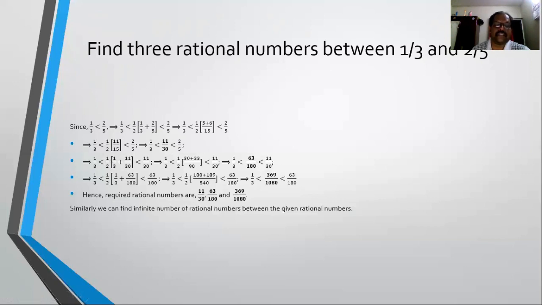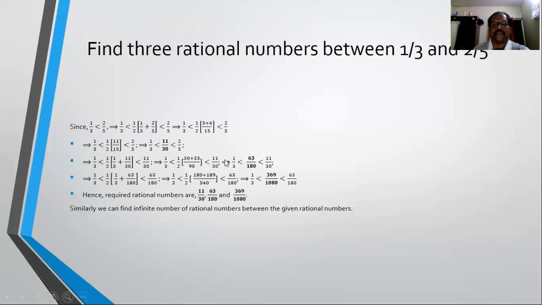Since 1 by 3 is less than 11 by 30, we can find half of 1 by 3 plus 11 by 30 as a number between 1 by 3 and 11 by 30. Just simplifying here, we come to know that the second rational number between the given two rational numbers is 63 by 180.